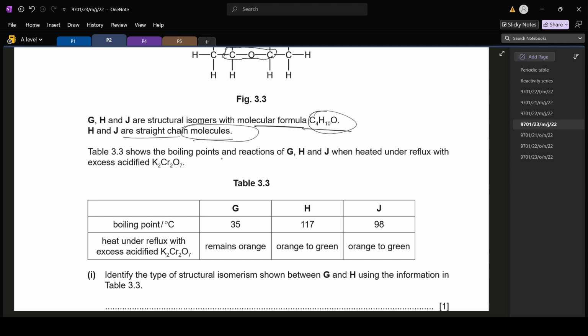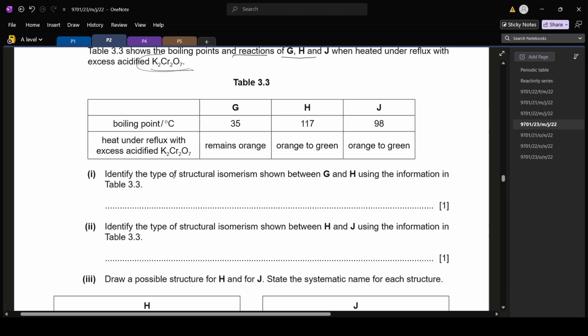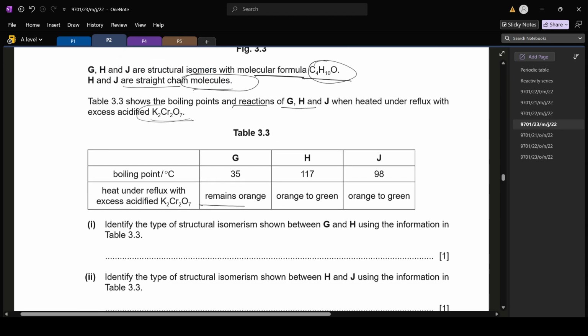Table 3.1 shows the boiling points and the reactions of G, H, and J when heated under reflux with acidified potassium dichromate. So G has no reaction with potassium dichromate, the color remains orange, and H and J are both oxidized. That's why the orange color changes into green. So H and J must have alcohol groups, because alcohols oxidize into carboxylic acids or aldehydes.